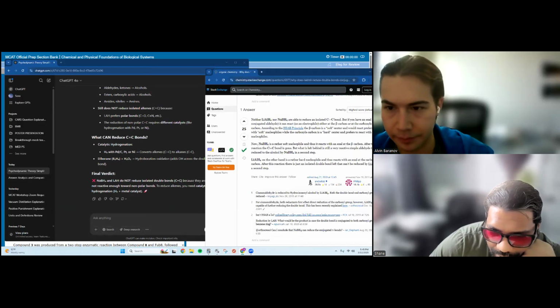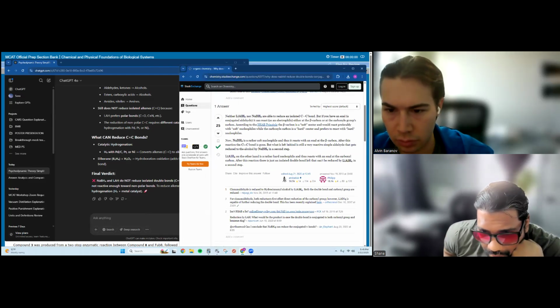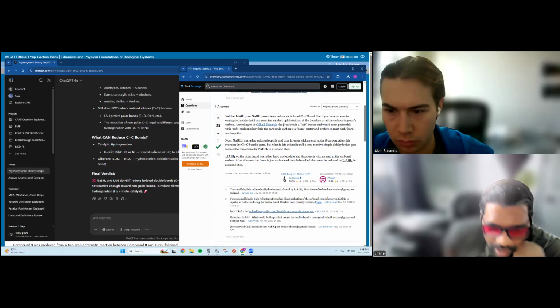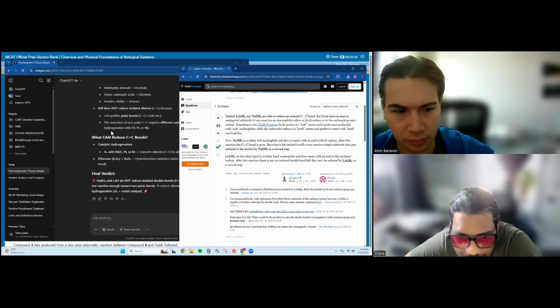Now they're able to, okay. So it's because of something else. A soft nucleophile reacts with the enal after this reaction. Simple.